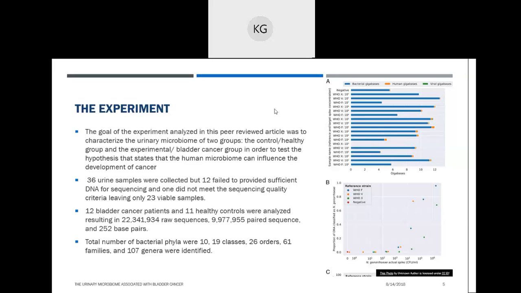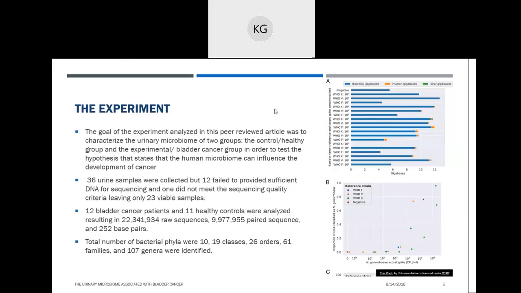The goal of the peer-reviewed article I picked was to characterize the urinary microbiomes of two groups, healthy versus bladder cancer. The researchers started with their hypothesis that the urinary microbiome can influence and detect the development of cancer.